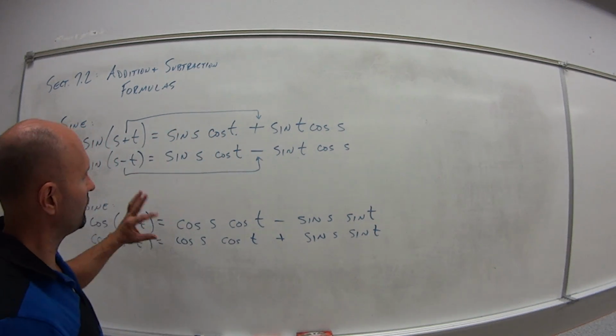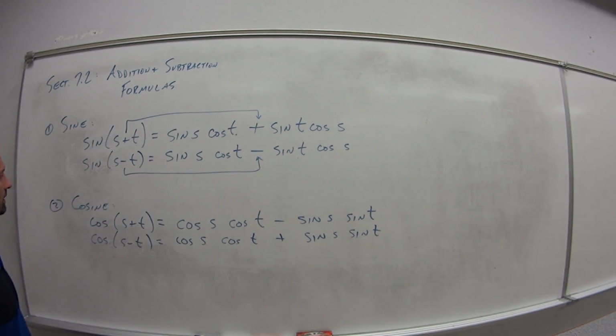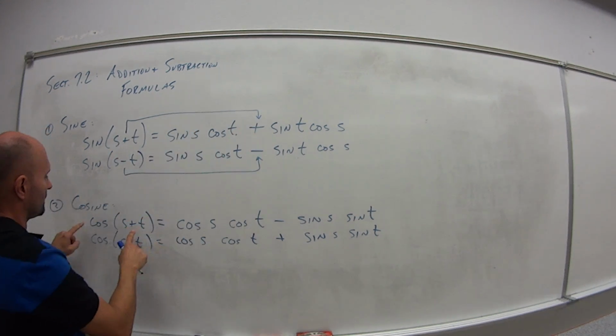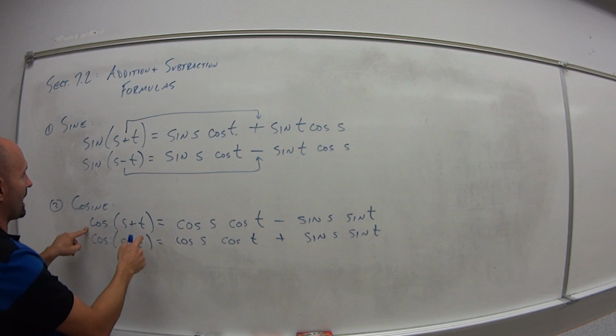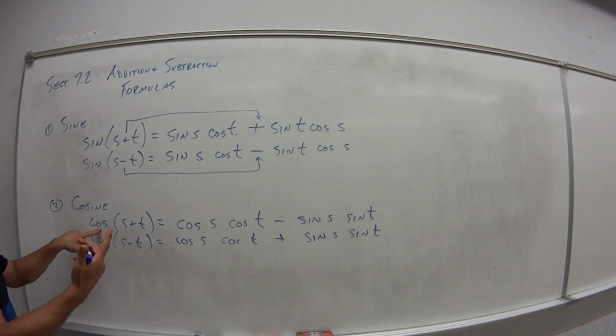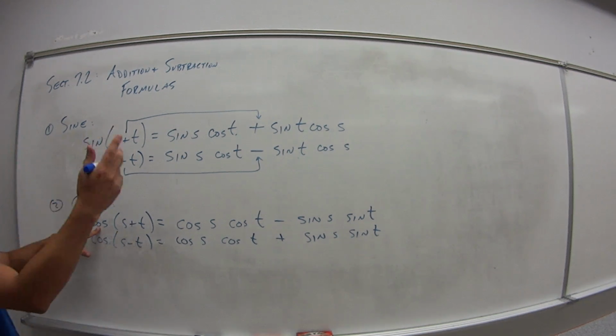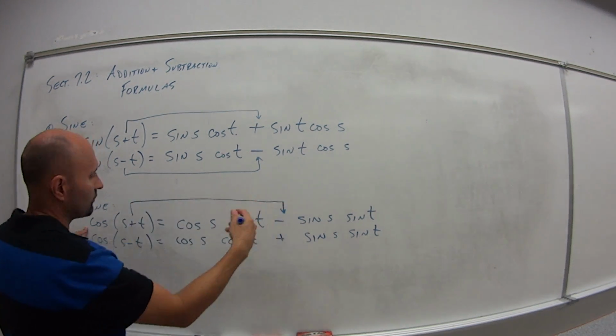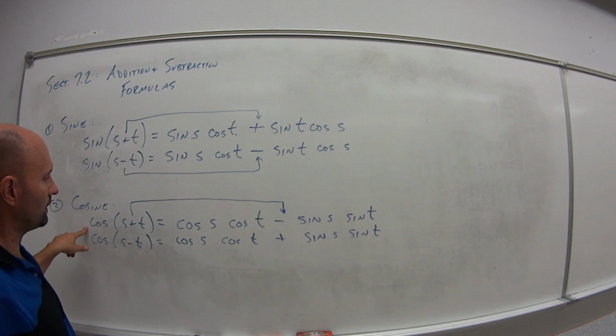So now you can see how this differs a little bit from sine. With sine, if it was an addition, I stayed with addition. Down here with cosine, it's the opposite. So if you want to think like cosine has an O in it, O for opposite. So if I'm adding s plus t, I got to subtract them over here in the formula.